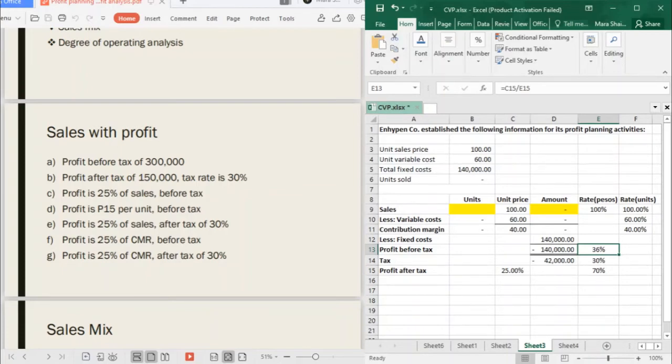And then you go back to the way we solved earlier. Since we want sales in peso, you can use the CMR. So to get the sales, it is our fixed cost divided by the difference between our CMR and our net profit rate. So there.